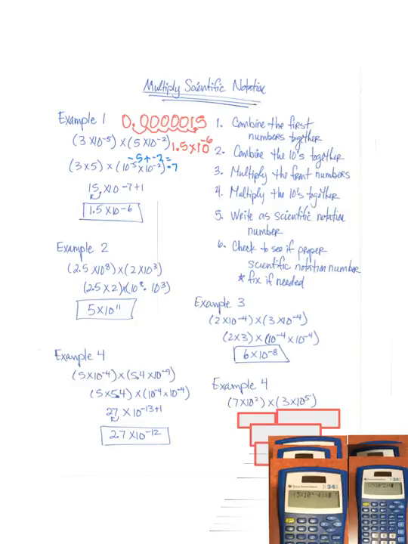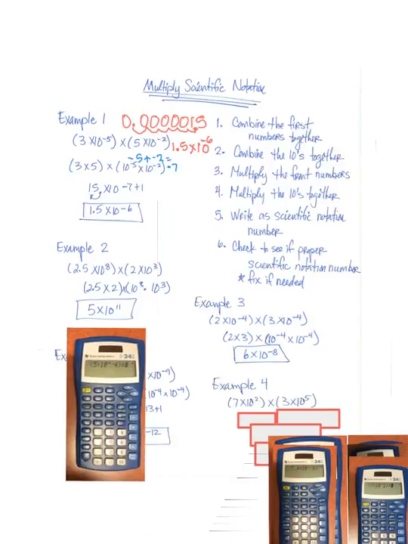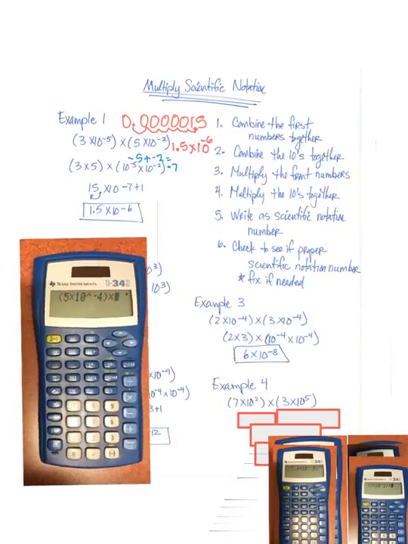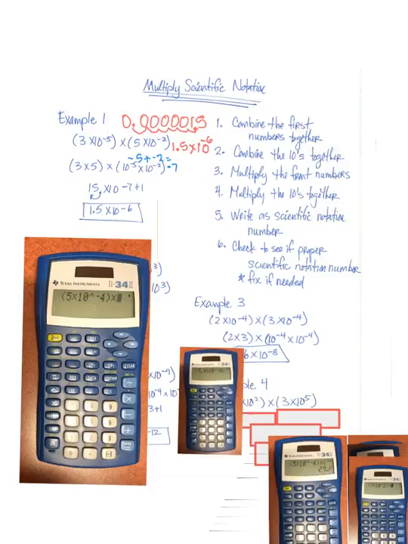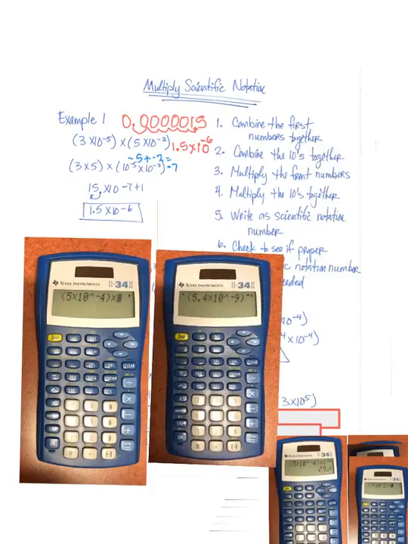to the negative 12. And so again, if we want to look at it when we put it into our calculator, we have the 5 times 10 to the negative 4. Again, there's parentheses around it. And then we are putting in multiply by 5.4 times 10 to the negative 9, because that's what it should be.